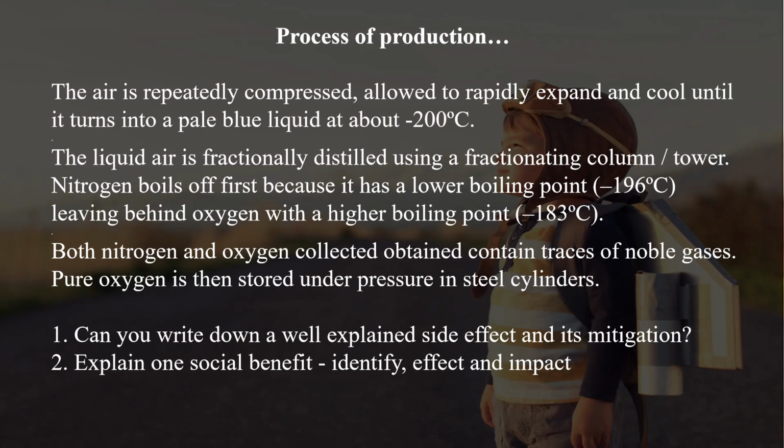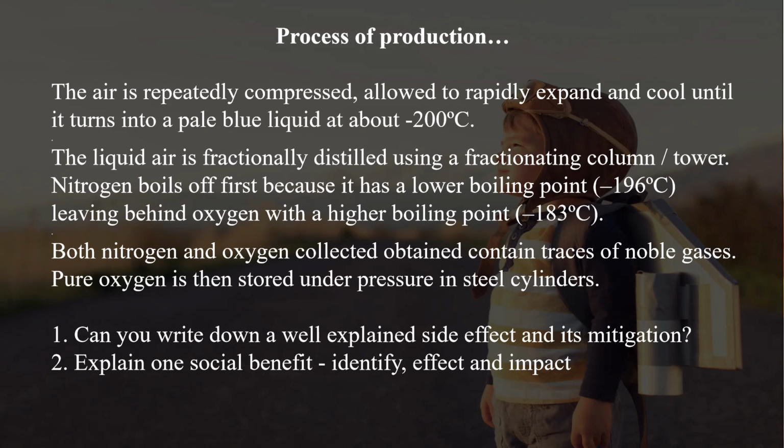So at a temperature of negative 183 degrees, we will now be tapping out oxygen. There we have separated oxygen from other components of air, but still there will be traces of noble gases. So this oxygen can be stored in steel gas cylinders, which can be used in the hospital.